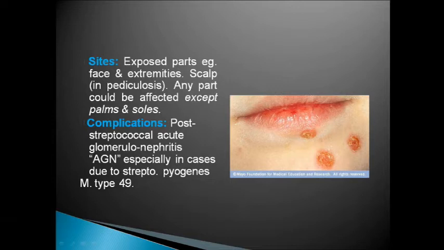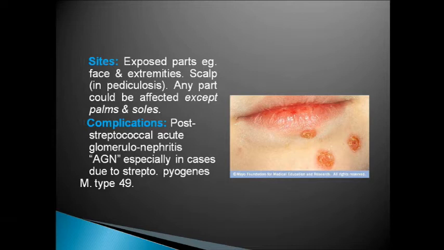Now the second important part is post-streptococcal AGN. You have read in pathology that acute glomerulonephritis usually follows streptococcal throat infection and streptococcal skin infection, and the most common organism in this case is Streptococcus pyogenes. So Streptococcus pyogenes infection causes acute glomerulonephritis.